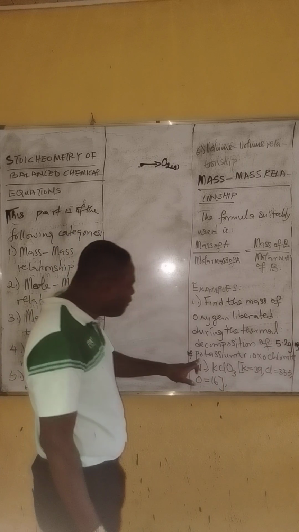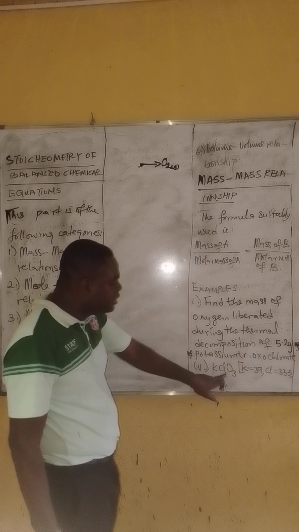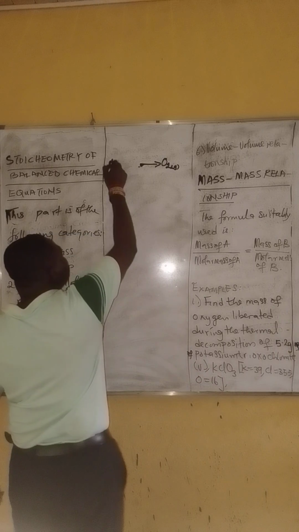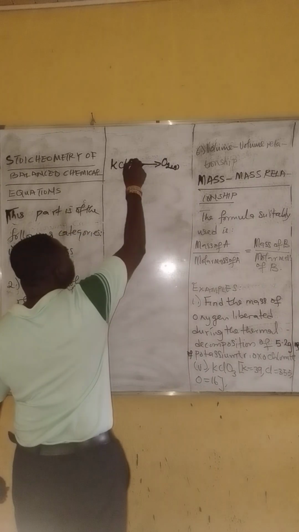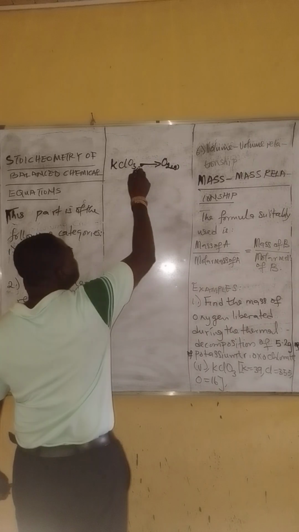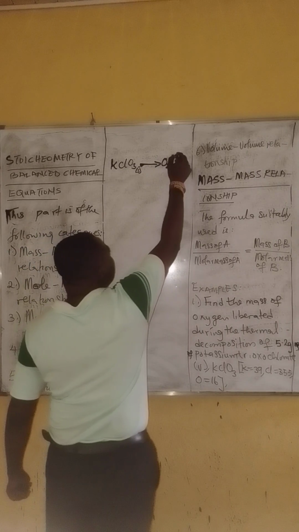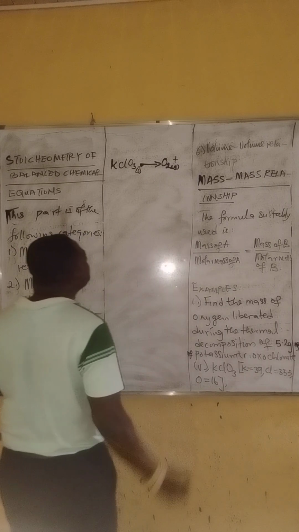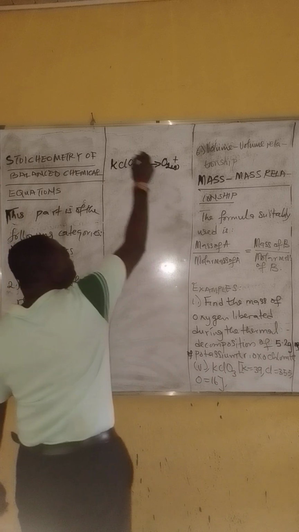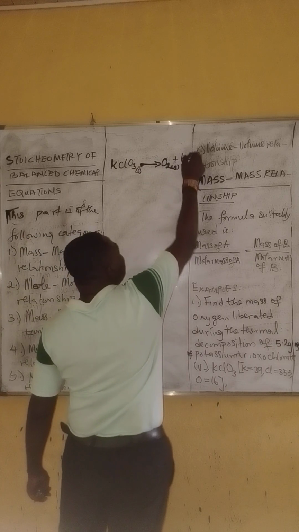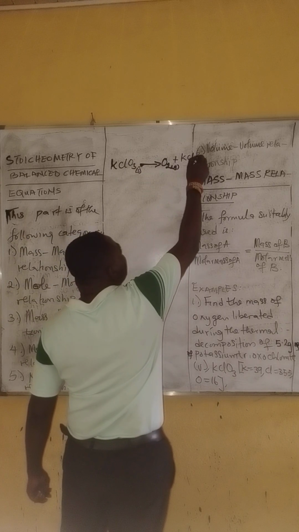Of 5.2 gram of what? KClO3. So it is KClO3 that is here, that breaks down to form oxygen, but it is not only oxygen that will be formed. If oxygen leaves here, you'll be left with KCl. Then you know that you should balance the equation.